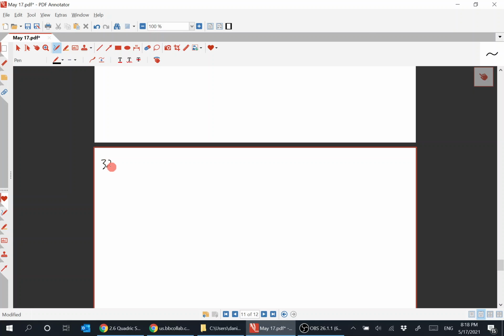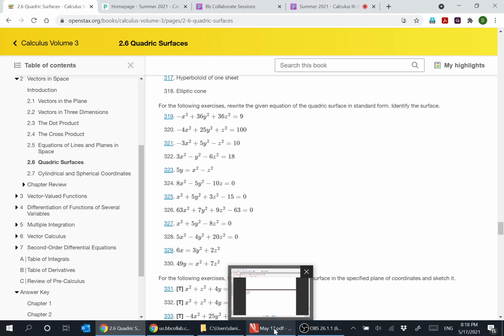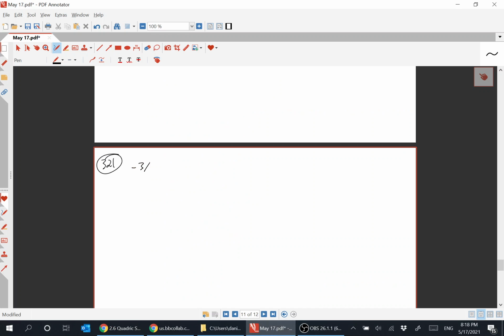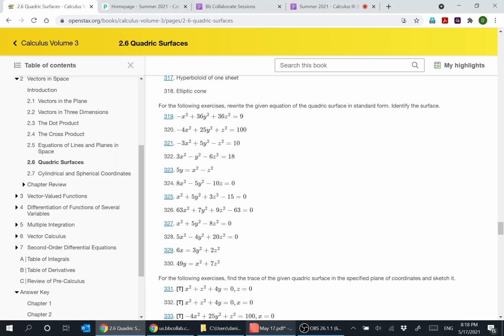321. So minus 3x squared plus 5y squared minus z squared equals 10.